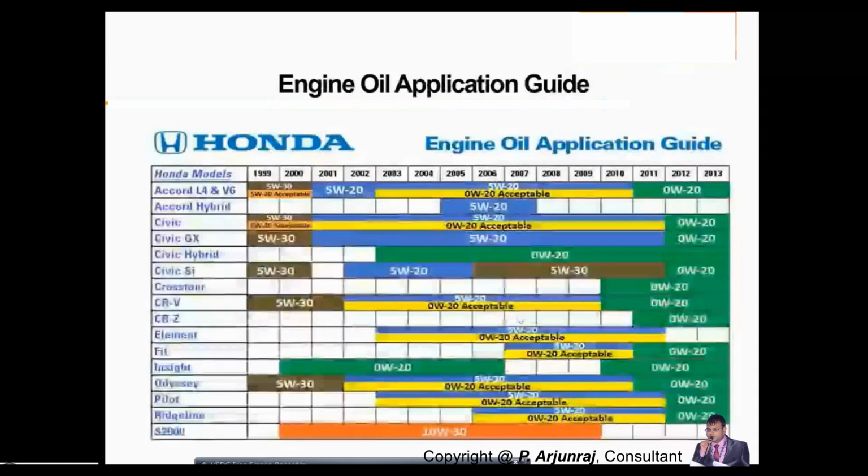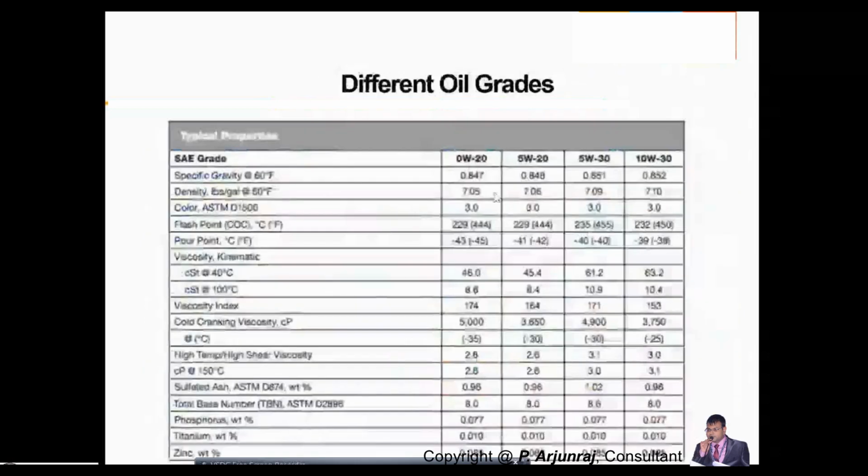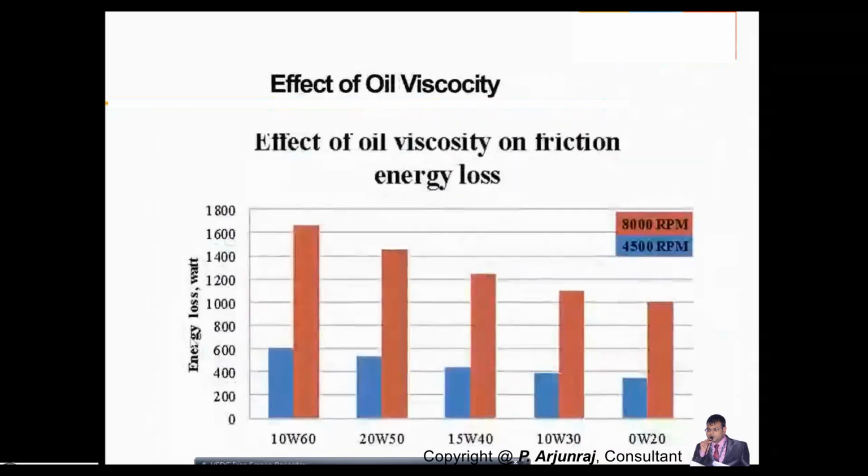You also have 5W20 and 5W30. When you go from 10W30 to 0W20, the energy loss is also reduced. That is one advantage. When you reduce energy loss, your efficiency is going to be higher, which means this will also have an impact on fuel consumption.